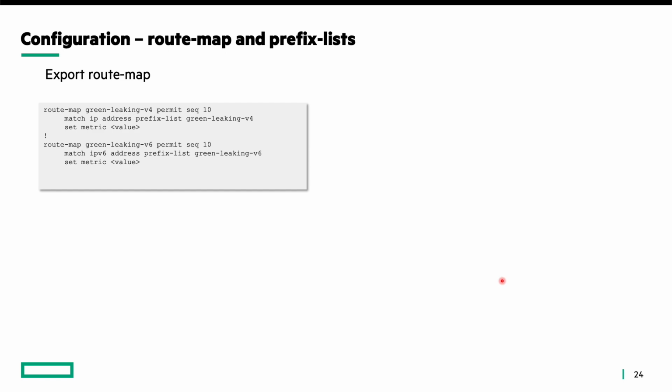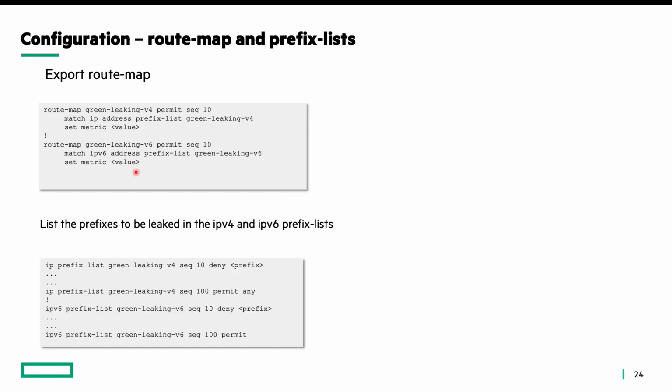Now you need to configure a prefix list for what we want to leak as an IPv4 prefix. We can, as I said, set a metric value, and the same for IPv6. So for the prefix, yes, the command is ip prefix-list for IPv4 and ipv6 prefix-list for IPv6, and matching IP and IPv6 in both cases.